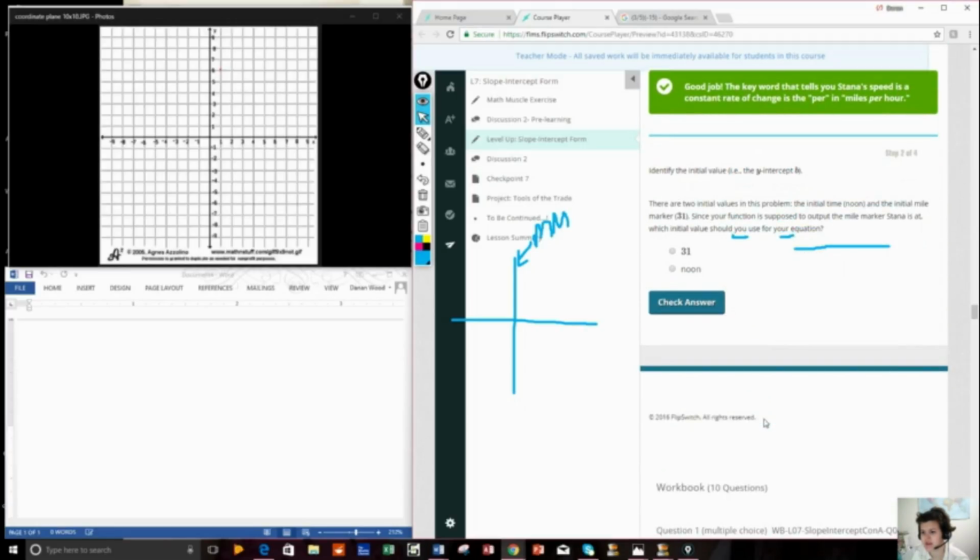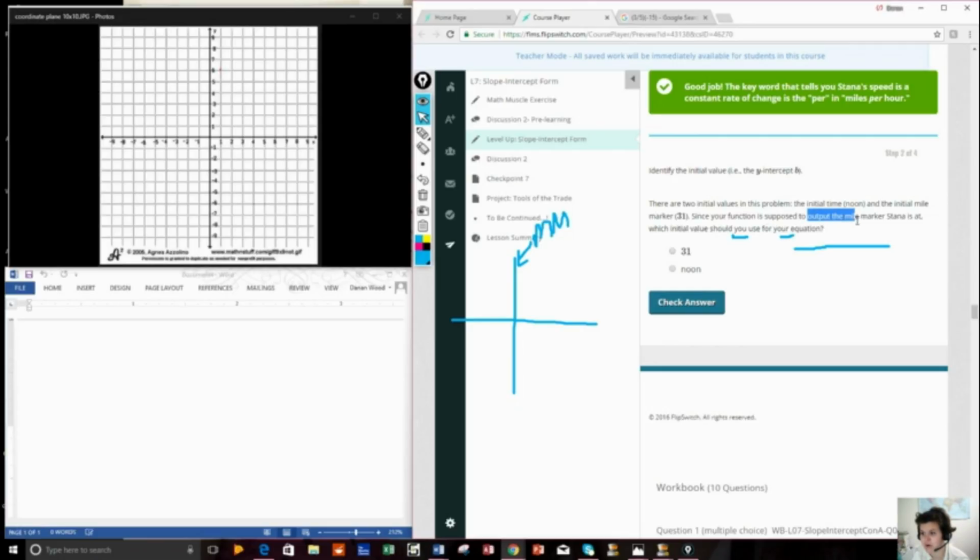Okay, identify the initial value. There are 2 initial values in this problem: the initial time, noon, and the initial mile marker, 31. Since our function is supposed to output the mile marker Stana is at, which initial value should you use for your equation? Well, they laid it out for you.